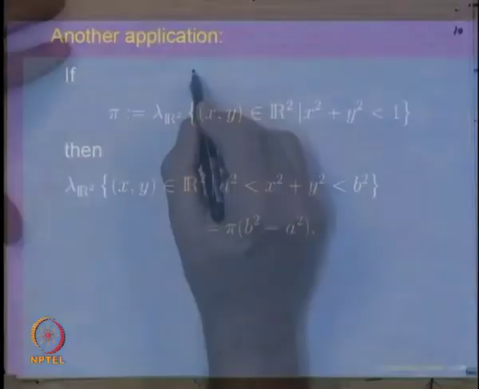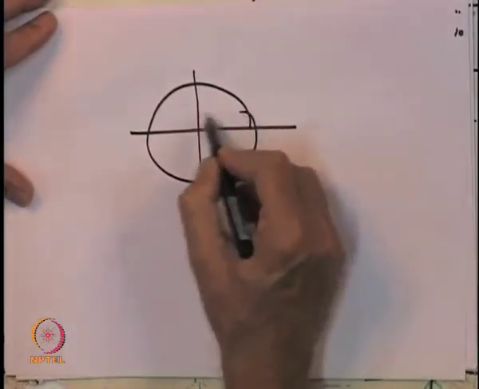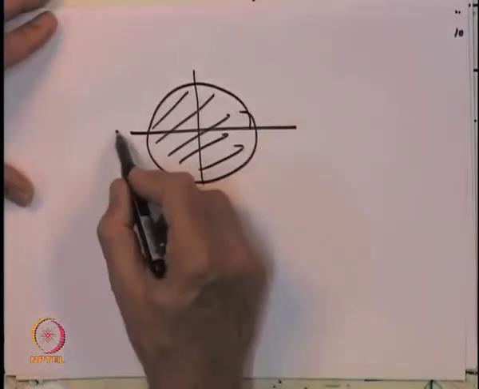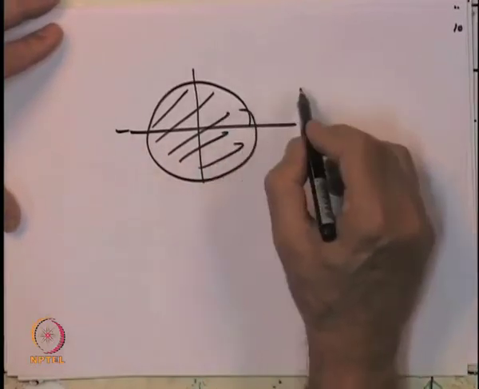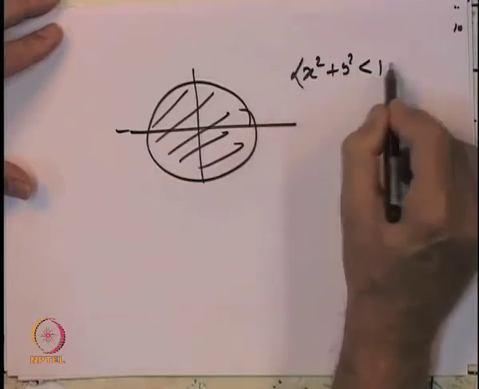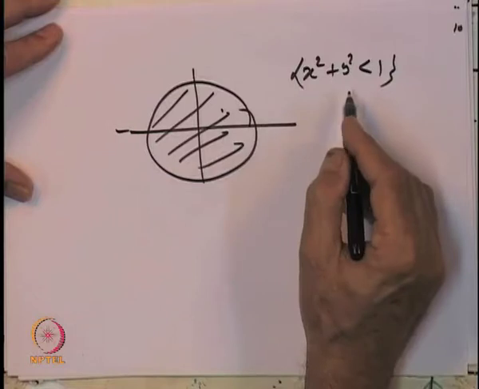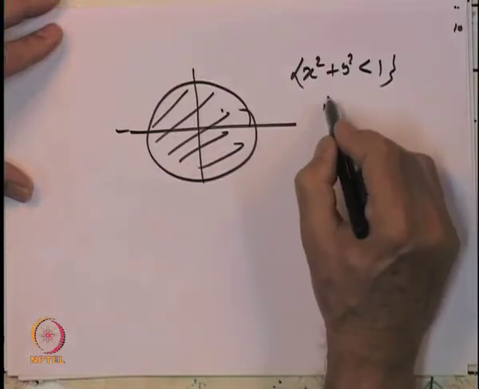So, here is the unit circle, right. It is bounded. So, this is x square plus y square less than 1. So, that is that set. So, this is a bounded set.